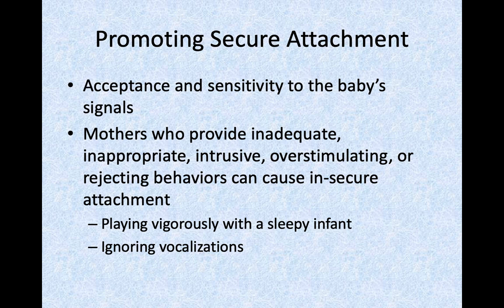Sometimes they'll play vigorously with a sleepy infant, or they'll ignore the child completely, not just a few minutes of crying it out, no big deal. But if they completely ignore the child's vocalizations, that can promote an insecure attachment or an attachment failure. So as long as the parents are reacting normally to their child's signals, then they should have a secure attachment.